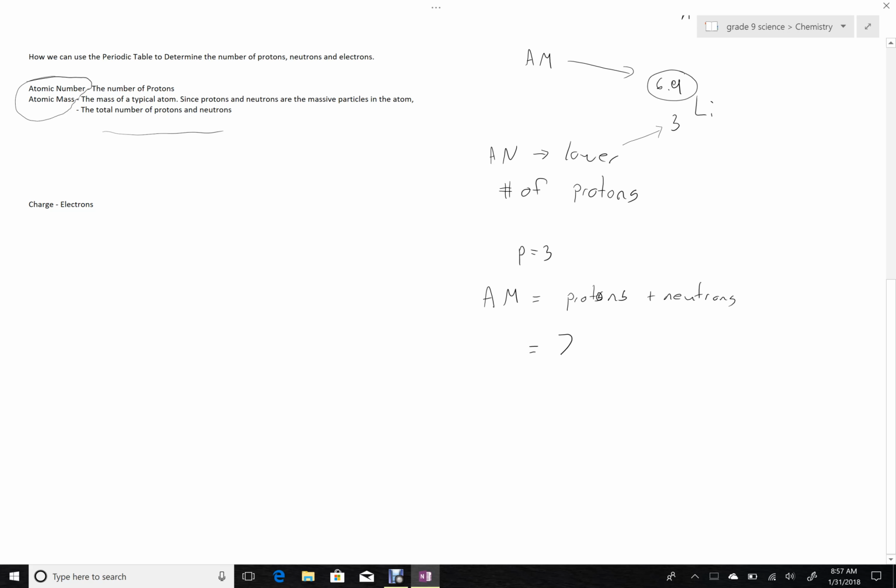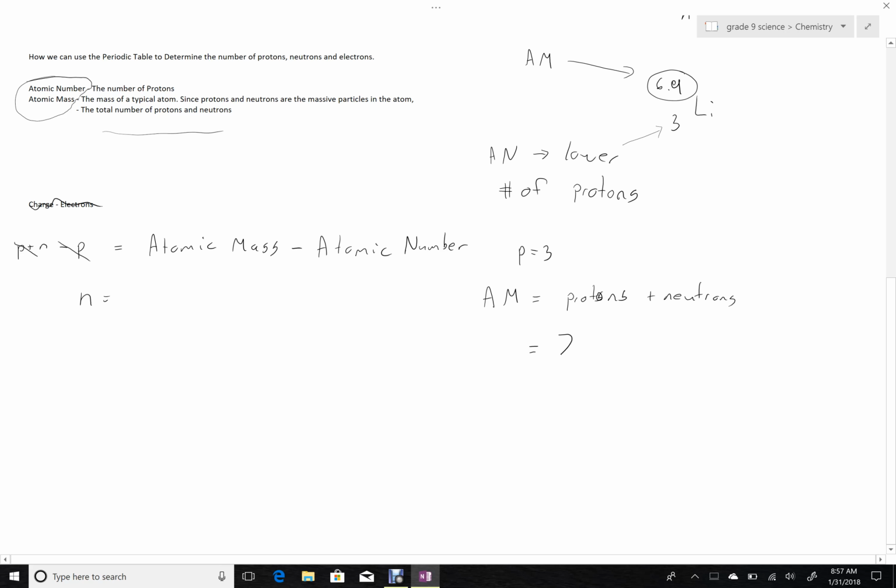So with that in hand, how can I figure out my number of neutrons? Well, if atomic mass is protons and neutrons together, and atomic number is just number of protons, then I can take my atomic mass minus my atomic number. That will be like my protons and neutrons minus my protons, and that will just leave me with my neutrons left over.